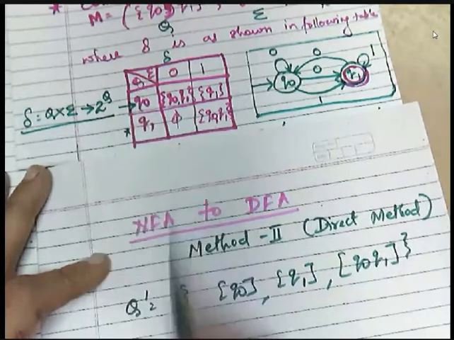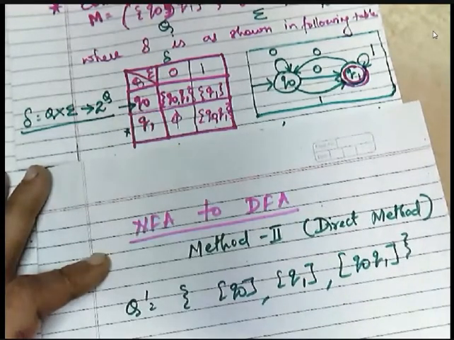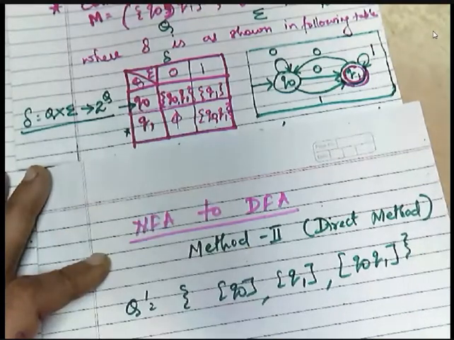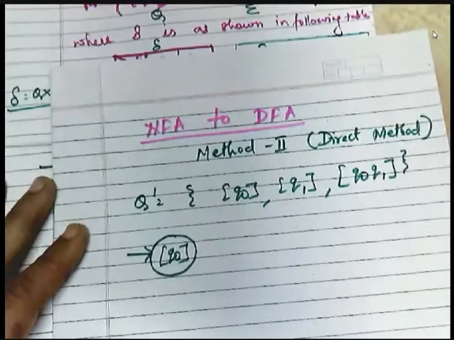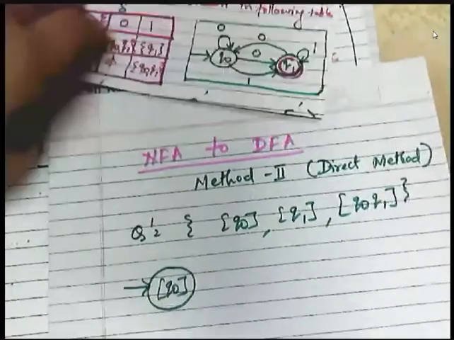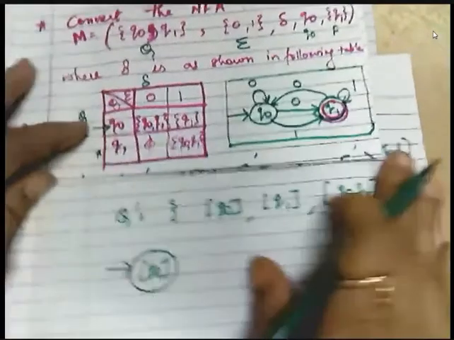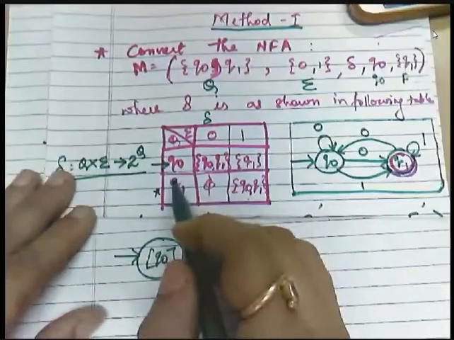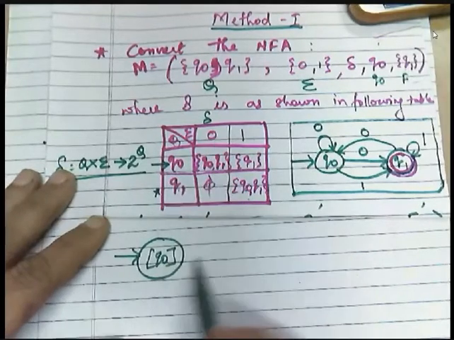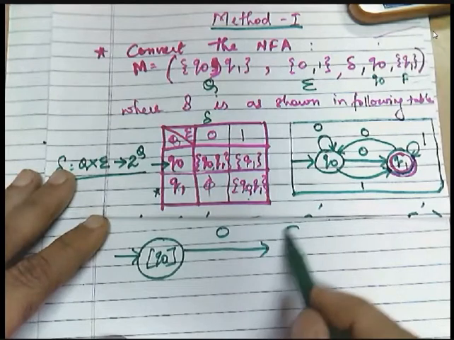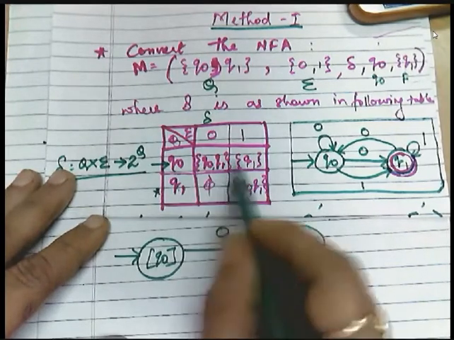Here the very first state is Q0, which is the initial state. Instead of writing simply Q0, I will write it inside a square bracket. Then I will draw directly the transition graph. Q0 on 0 goes to state Q0, Q1.